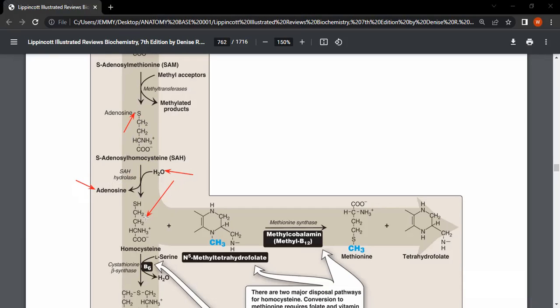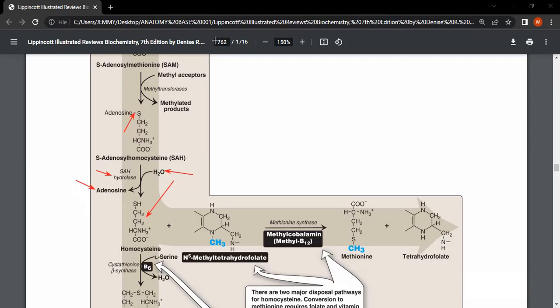That reaction is catalyzed by S-adenosyl homocysteine hydrolase. Other texts call it S-adenosyl homocysteinase, but I like to call it a hydrolase so that I know what is happening: we are cleaving a bond using water. This adenosine might go to form ATP.